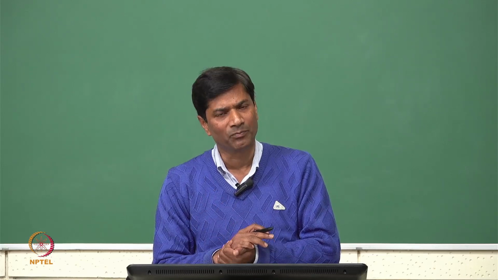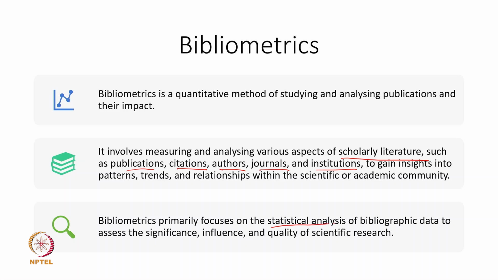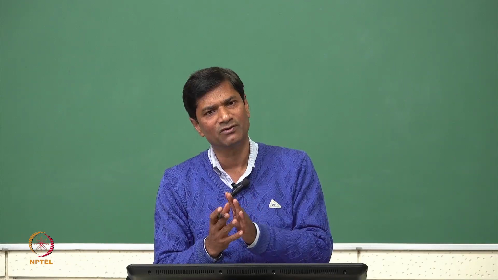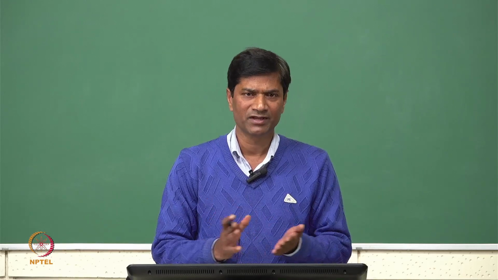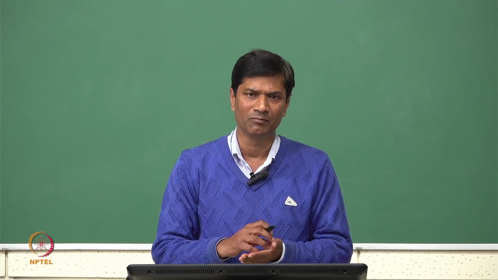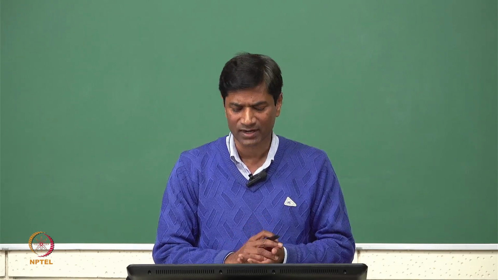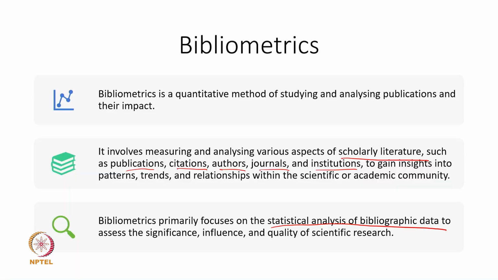Bibliometrics primarily focuses on a statistical analysis of bibliographic data. That means when we talk about bibliometrics, it focuses on a statistical analysis of bibliographic data. There are various types of bibliographic data, and with the help of bibliometrics, we do the statistical analysis of that data, its significance, its influence, its quality.